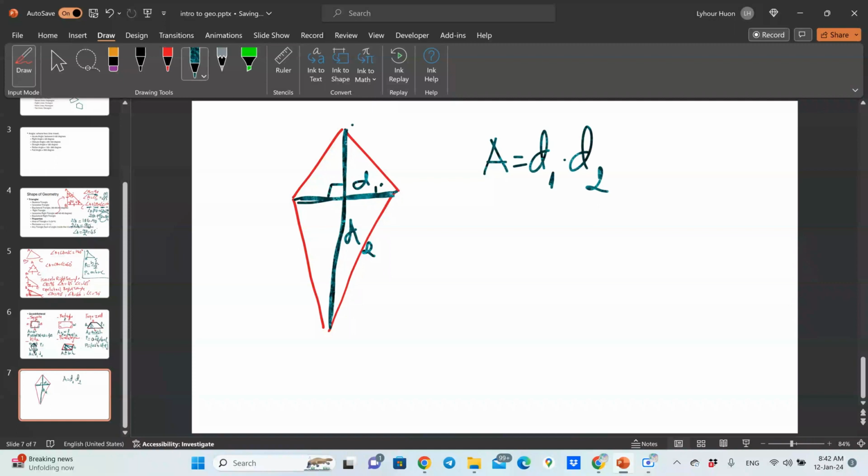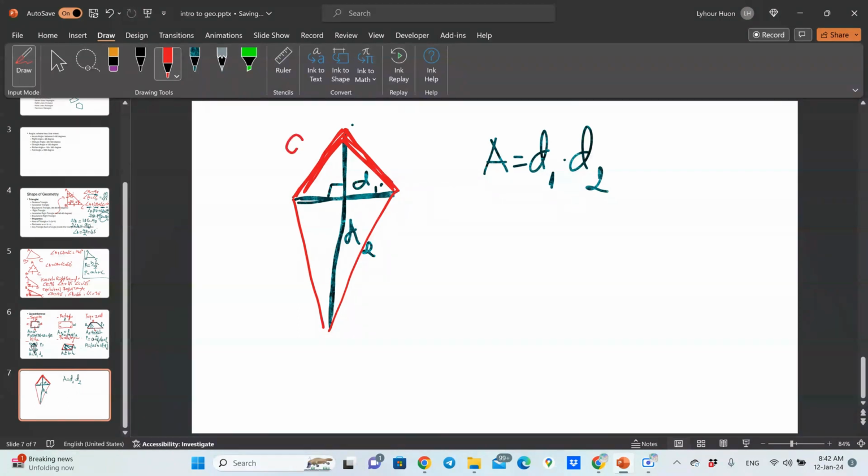Also, inside a kite, we know that the adjacent sides are equal. So this side equals this side.